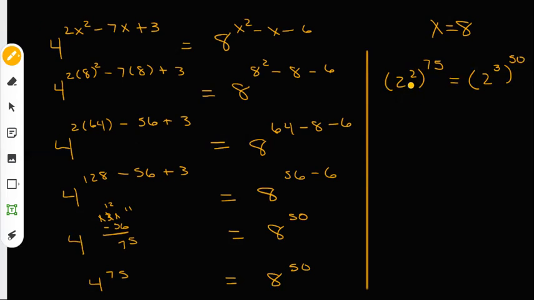What I can do with the exponents is multiply them. The base is going to be 2. 2 times 75 are my exponents. When I multiply them, I get 150. And then on the other side, if I multiply these exponents, I get 150.